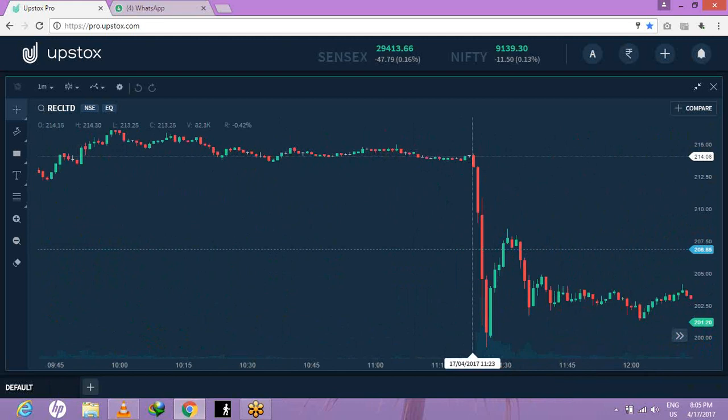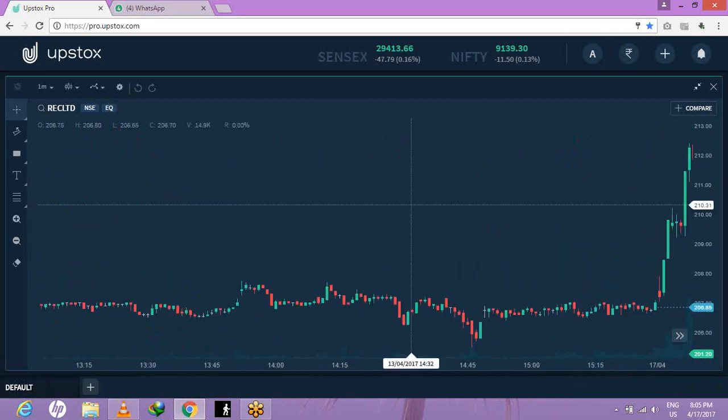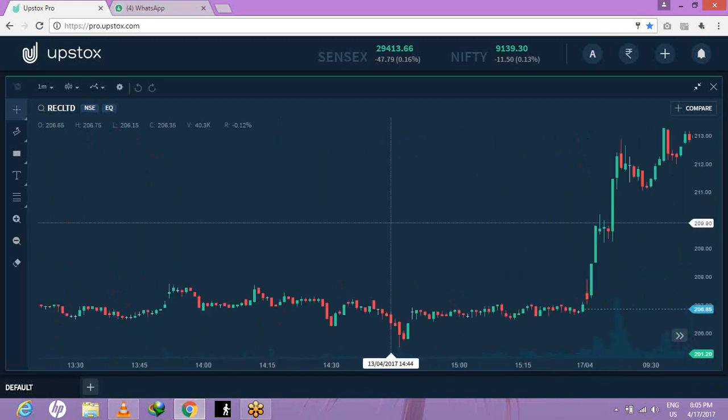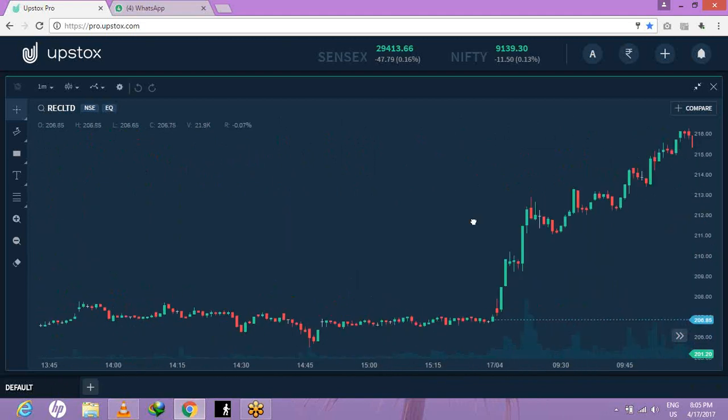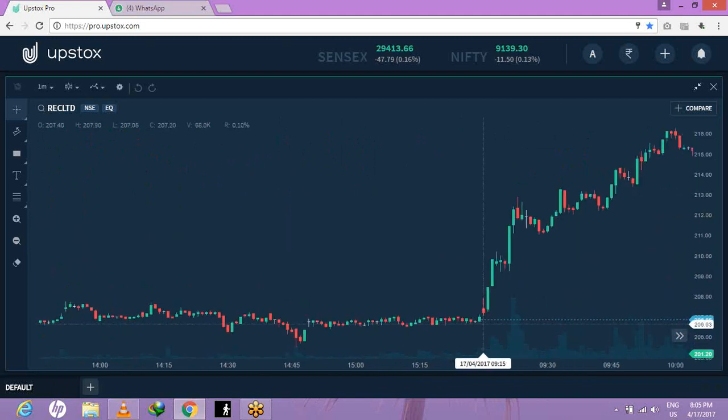So I'll start buying the shares in bulk quantity. Again I buy another 1 lakh at 202, and this changes the market volume very suddenly.